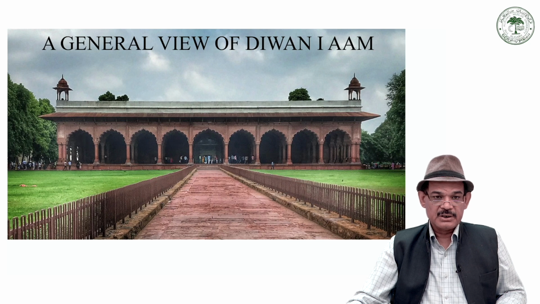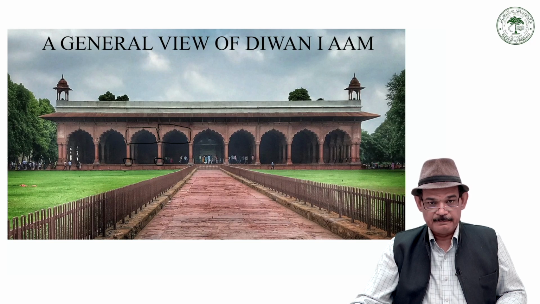These ways have been built with the help of pillars, and the pillars in turn support the cusped arches that are very typical of the Shahjahani period. These pillars have inscribed bases, again a typical architectural feature of the Shahjahani period.